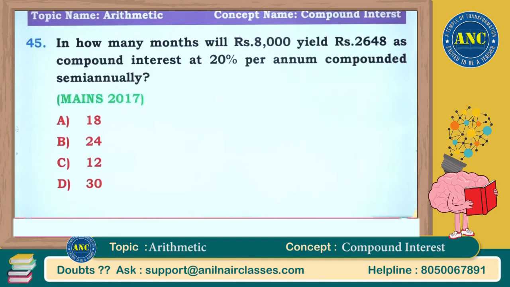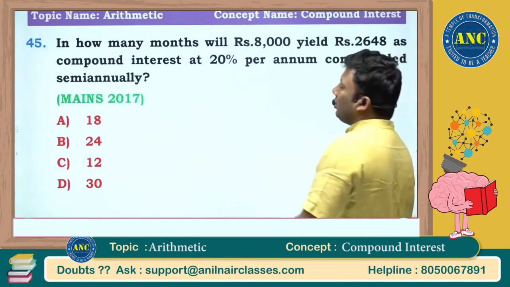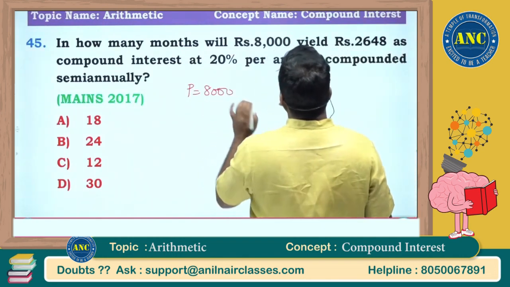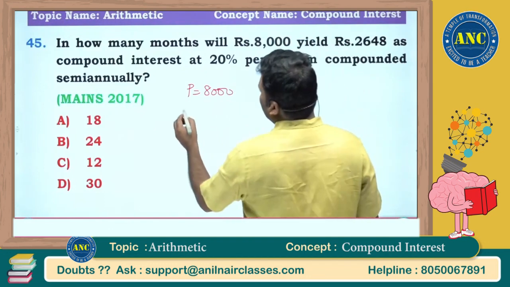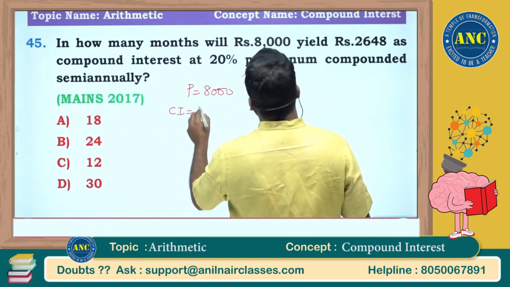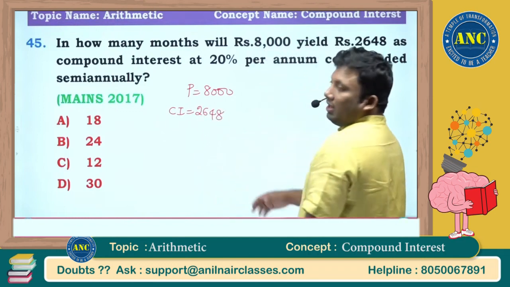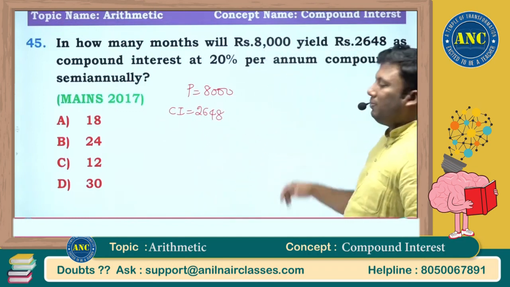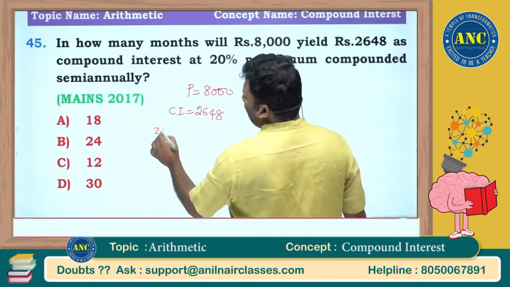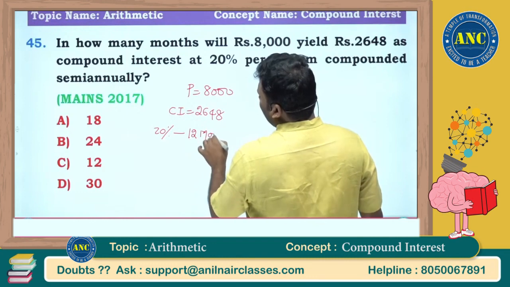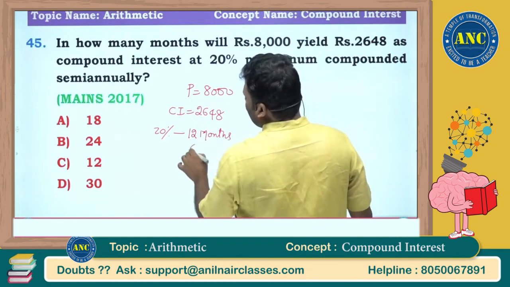Now see here. In how many months will rupees 8,000 principal yield compound interest of 2648, at 20 percentage per annum? It is 12 months. But I want it semi-annually.